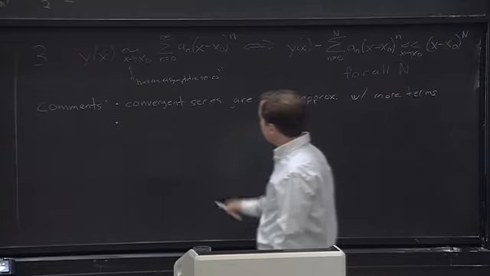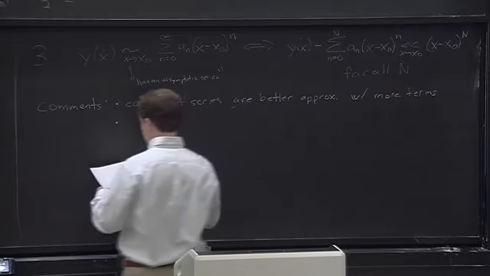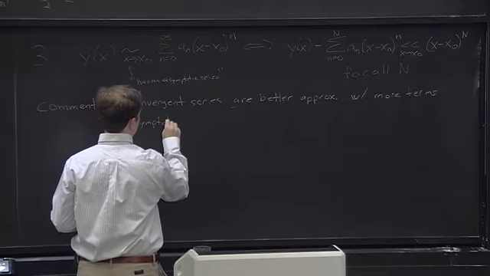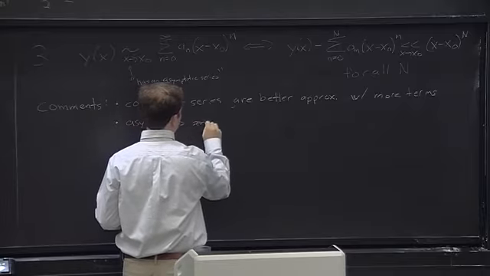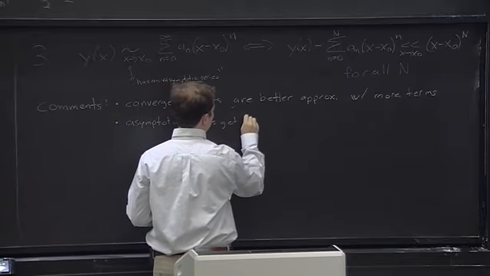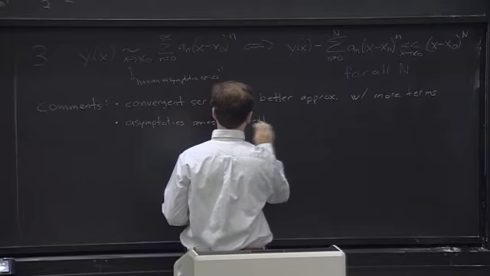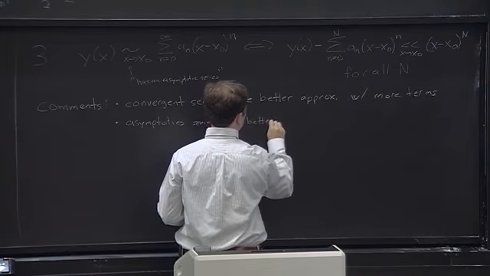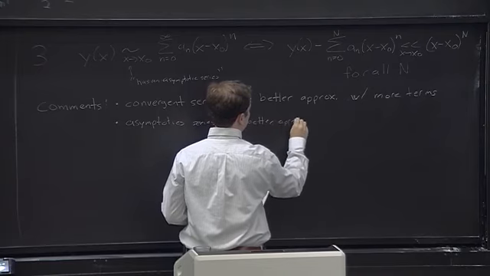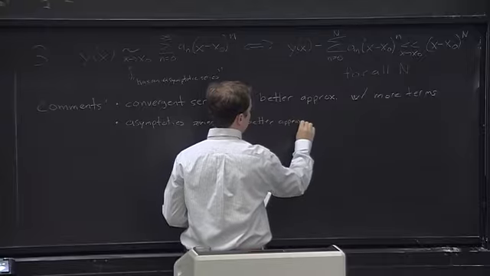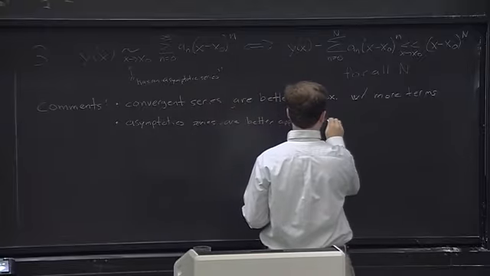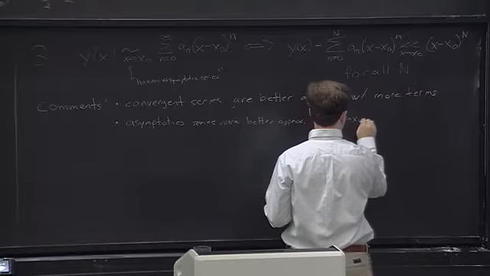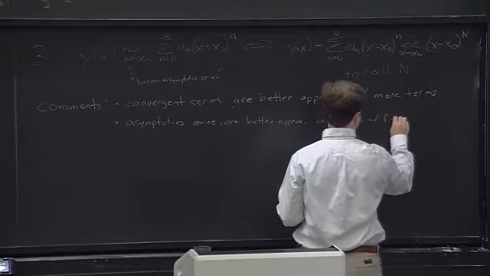So asymptotic series are better approximations as x goes to x naught with a fixed number of terms.